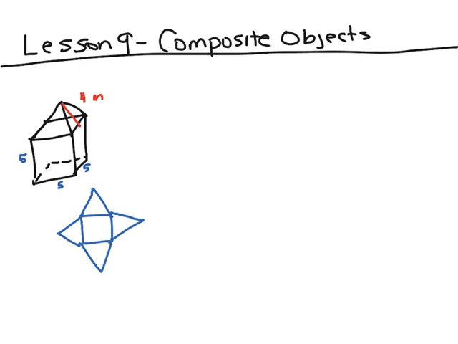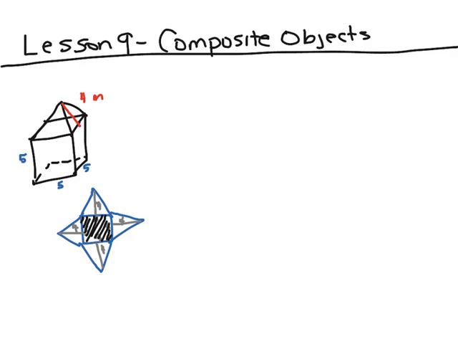And we know that the slant height is 4 on all of them, and that the base is 5 on all of them. Now, because we're doing surface area, that base doesn't actually touch the outside of the surface. So we don't want to count it in our surface area.